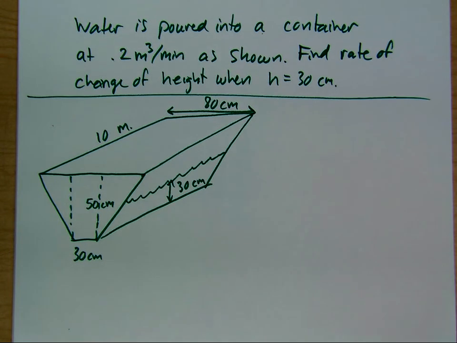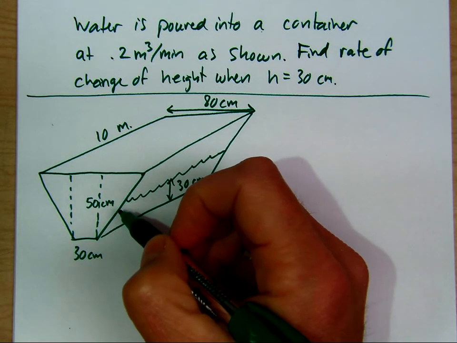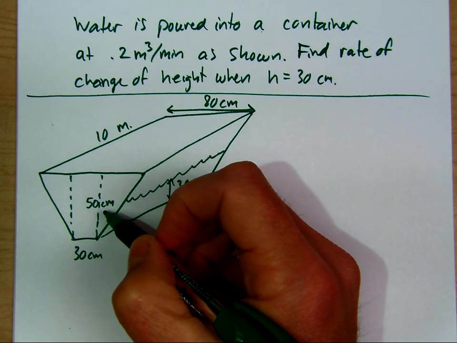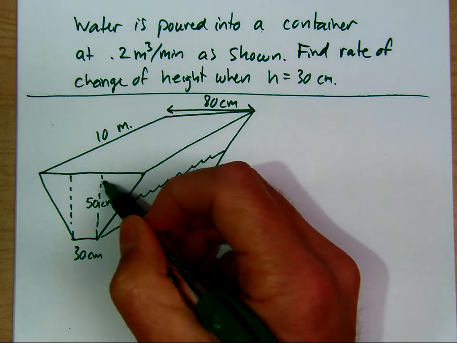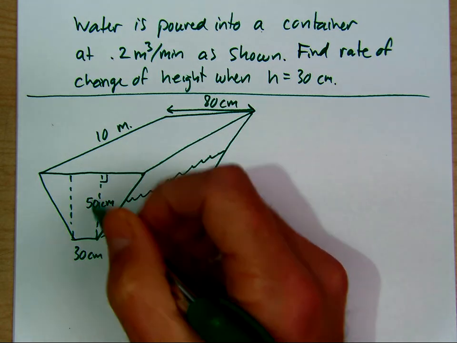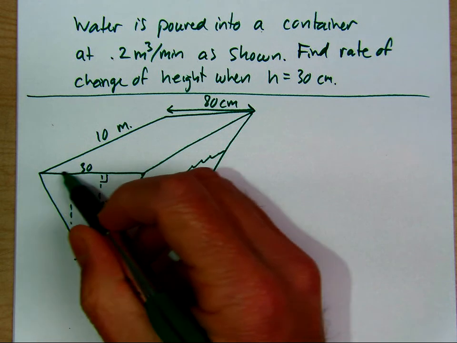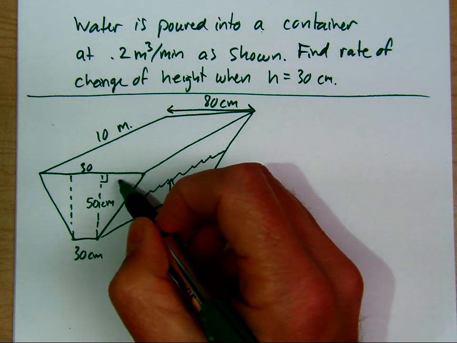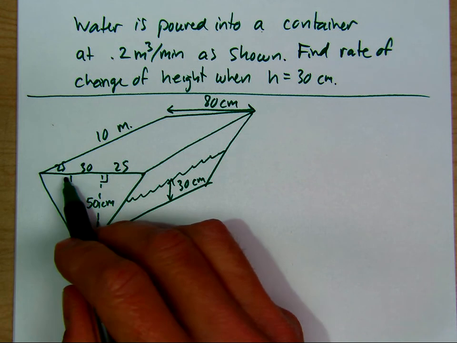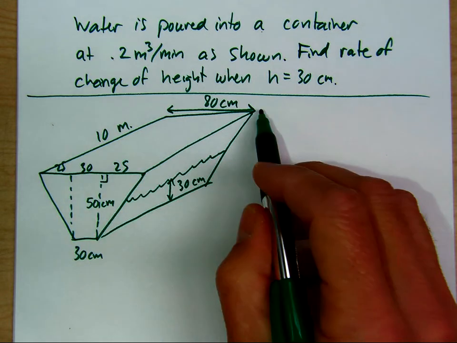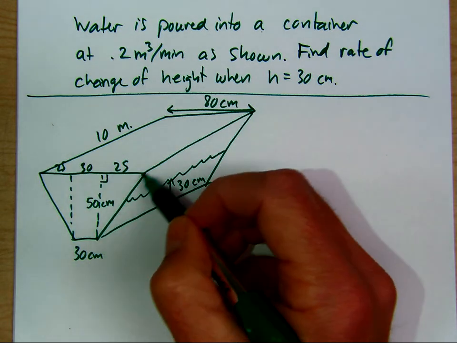If there is some relation with the trapezoid, I think people are going to forget that, and we'll just look at the triangle right here. Now, we know that's 30, and the whole length is 80. So that means there's 25 here and 25 there. 25 plus 30 plus 25 is 80. Now we have the dimensions of the right triangle.